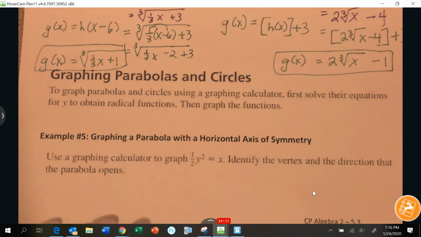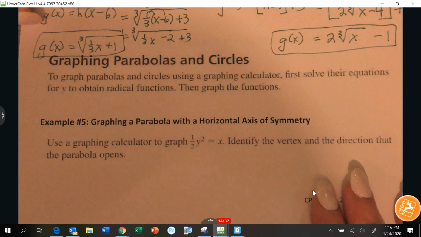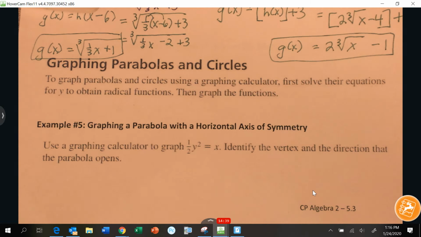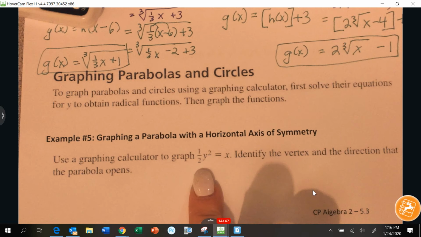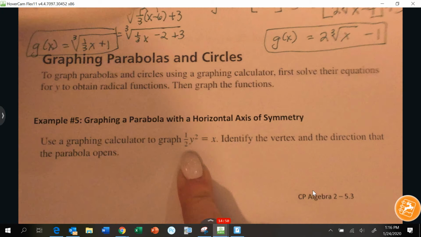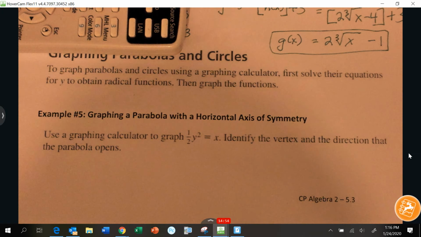You haven't done these by hand. They're not going to look like the ones we've done. What equation do you have to use for circles? It's on the next page. It says use the graphing calculator to graph y squared equals x. Then it says identify the vertex and the direction the parabola opens. So let's review how we use our graphing calculator to graph.